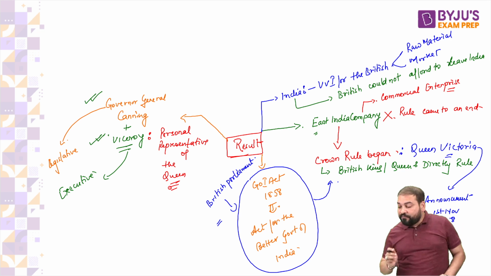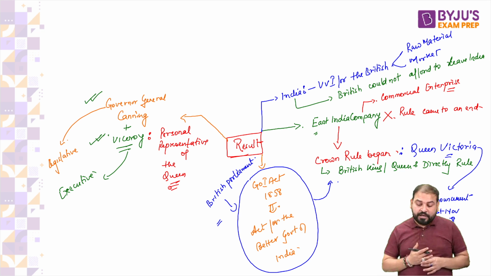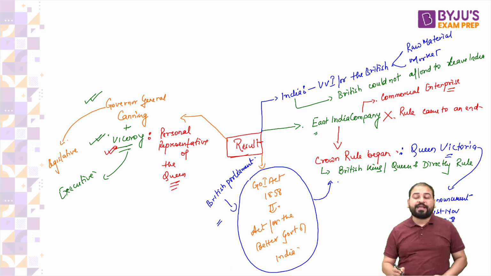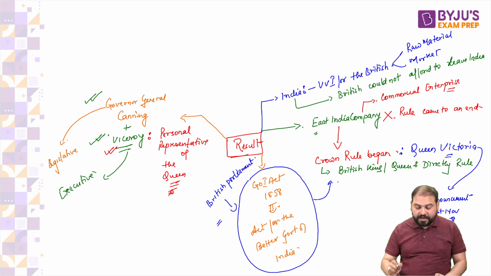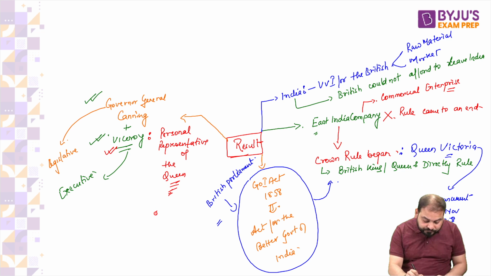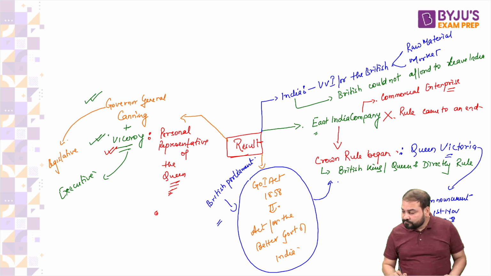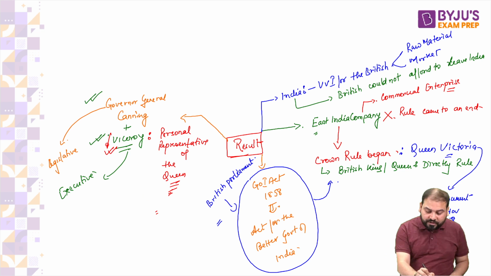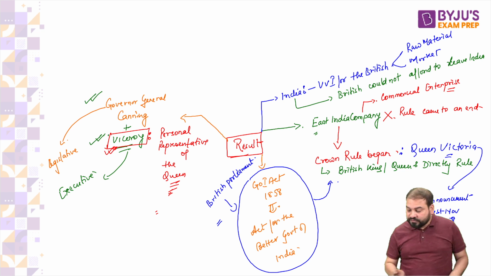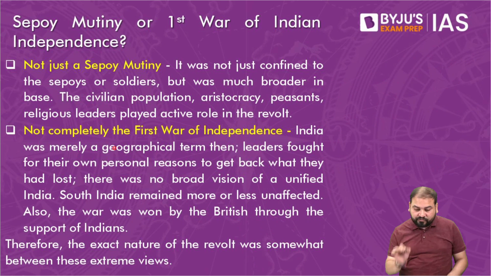So, guys, wherever the Queen cannot come, Viceroy Canning would be representing her. Everyone, am I clear? Same person, Viceroy is a position, Gaurav. Same person is now Governor General and Viceroy both.